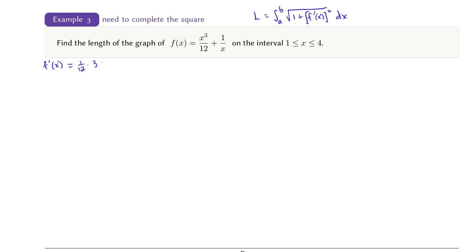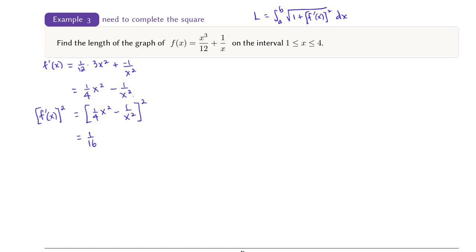We first find the derivative f prime of x equals 1 over 12 times 3x squared plus negative 1 over x squared. Simplifying this, we have 1 over 4 x squared minus 1 over x squared. Then we square f prime of x to get 1 over 4 x squared minus 1 over x squared, the quantity squared.